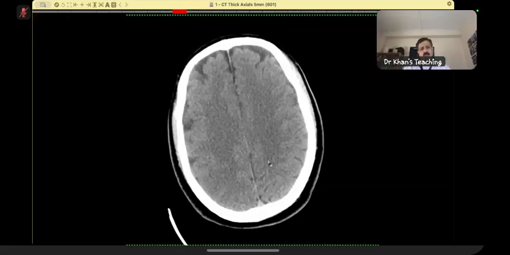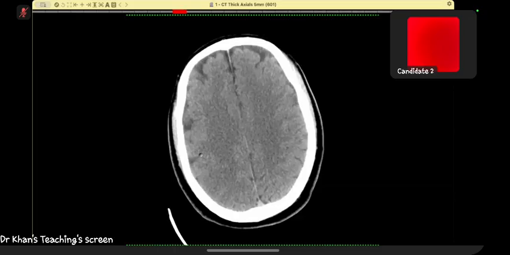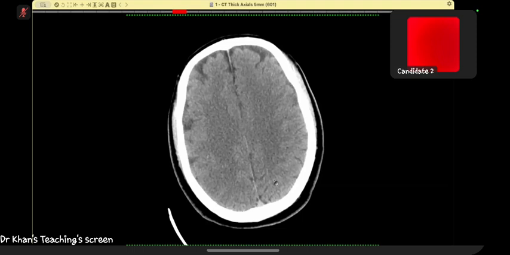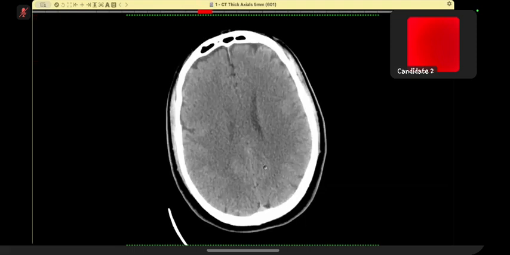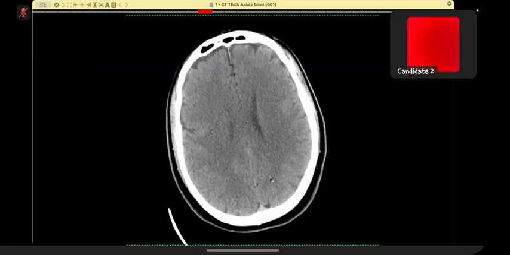Where? Point it out, please. In this region, here in this region. It appears to be slightly asymmetric compared to the left side, and even posteriorly as well. There appears to be some ill definition. I would like to know the age of the patient as well.